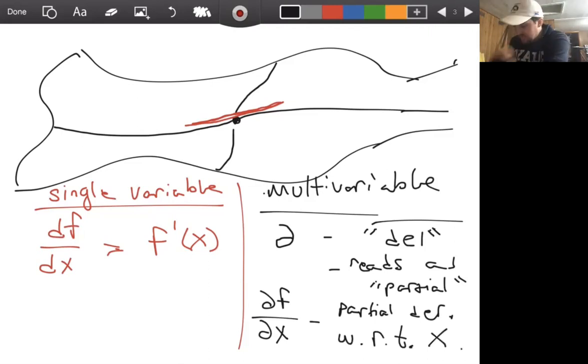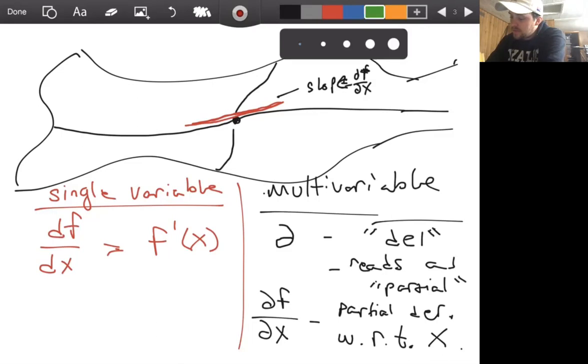And so the partial derivative with respect to y, what would this be? The slope of this line here is what we would say is partial f partial x. Or sometimes people get lazy and sloppy and still just say df dx, right? So the slope here, okay?